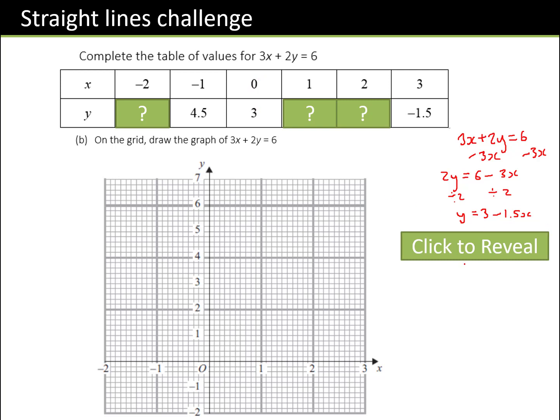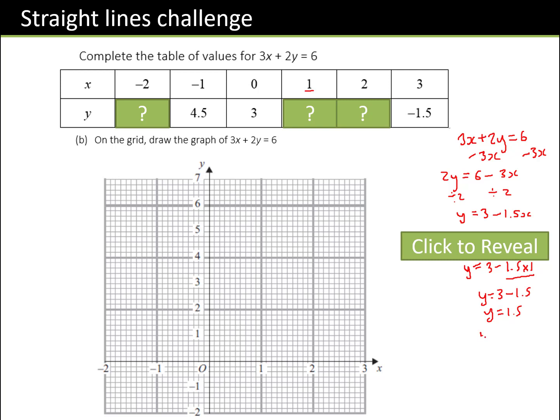So let's try x equals 1. So we're going to do x equals 1 here to show you how to do this. So y equals 3 minus 1.5 times 1. That's just going to be 3 minus 1.5. So y equals 1.5.